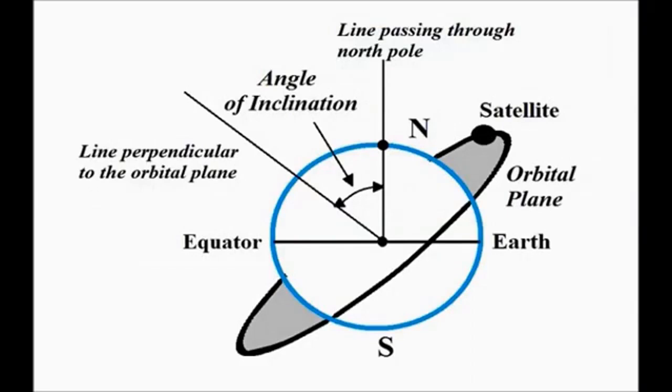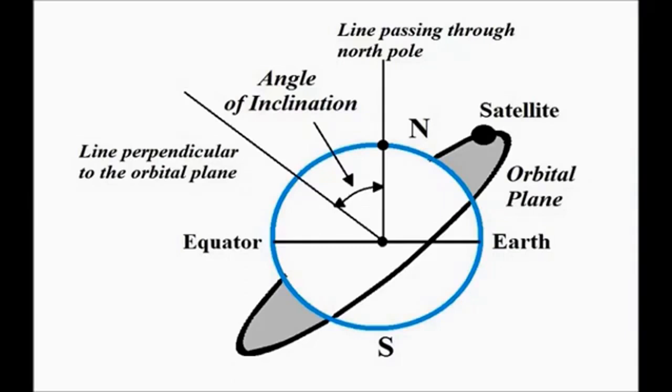is, first imagine a line passing through the geocenter, the center of the Earth, and perpendicular to this orbital plane. This line is perpendicular to the orbital plane passing through the center of the Earth, the geocenter.